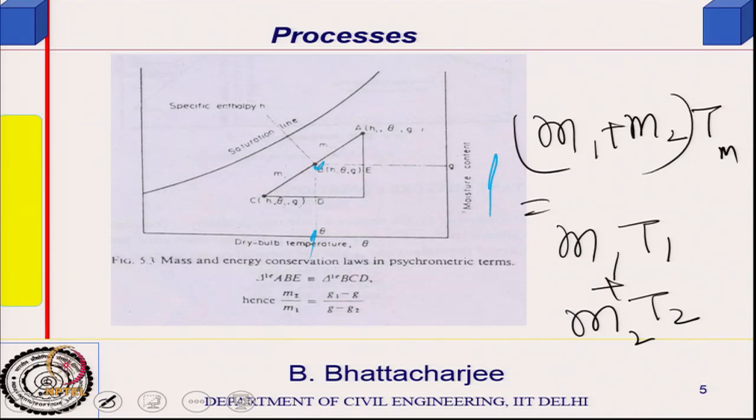So, basically mass flow rate would increase. The mass flow rate of the mixture will be m1 plus m2, and its temperature. If I am mixing these two at two different temperatures, we can show that it is linear, but let us look at the algebraic part first.